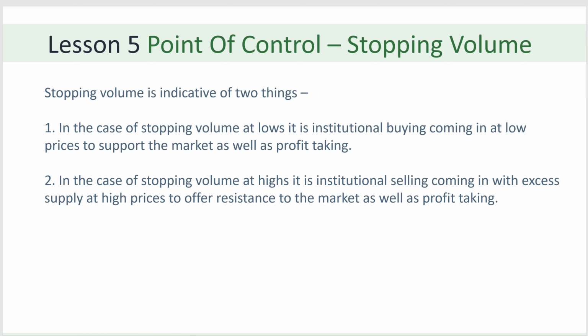But it could be the herd coming in, everyone just sort of thought the same at the same time, which is rare. But it doesn't necessarily need to be limited to institutional buying. Generally speaking, the overwhelming majority is going to be institutional activity. In the case of stopping volume at highs, it's institutional selling coming in with the excess supply at high prices to offer resistance.